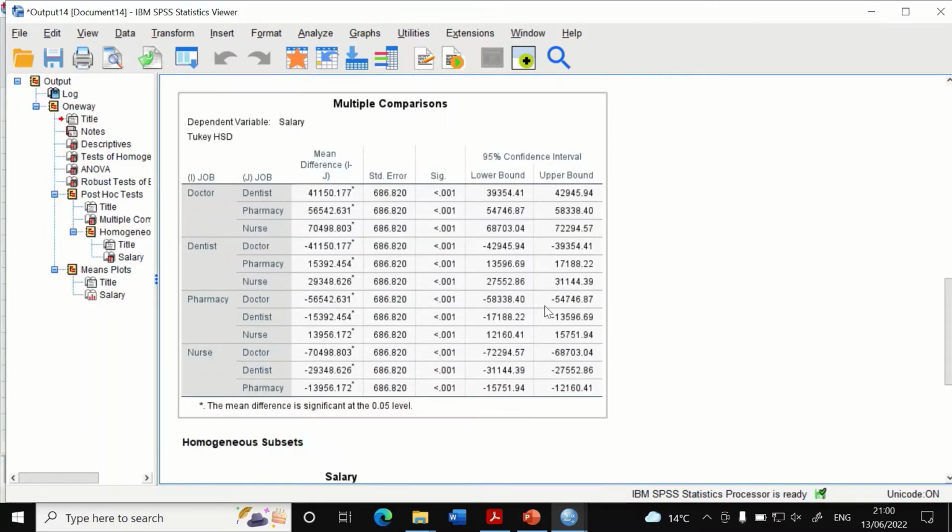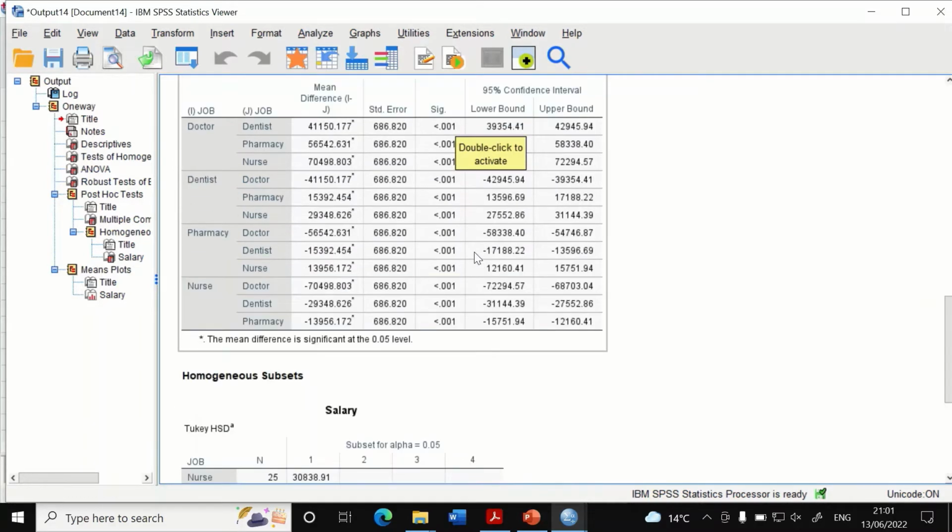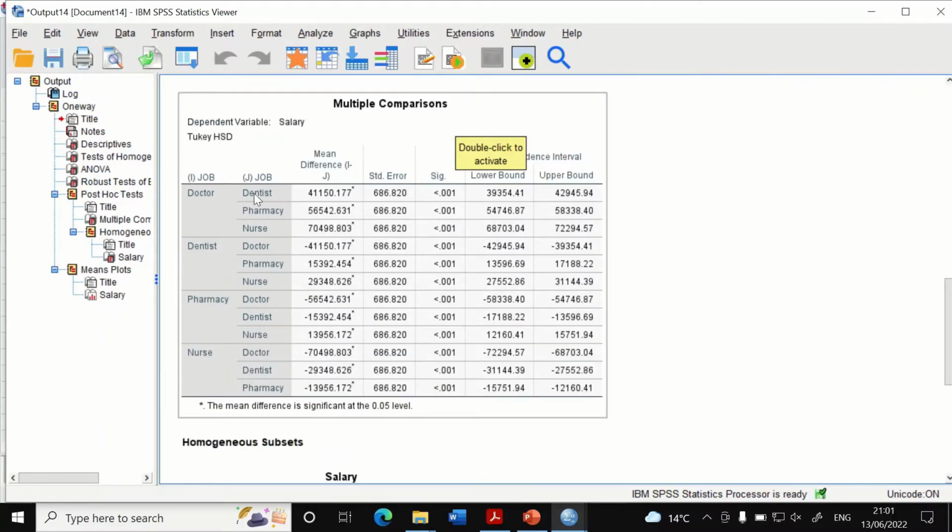And then another table is generated for the comparison, which is the multiple comparison between each group, all the possible combinations of comparison between groups, to find out which combination has a statistical significance in the salary for the participants.